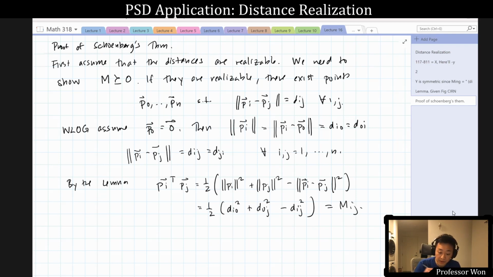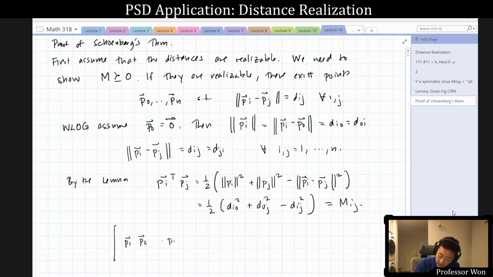Well, now it's just a hop, skip, and a jump to the following fact. If you set up a matrix where you put the columns to be p1 up through pn, and then you take its transpose, so these are now row vectors, what do you get in the result? At each entry, you'll get pi transpose pj.